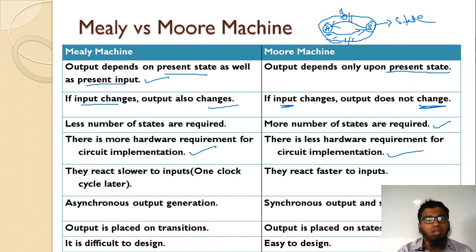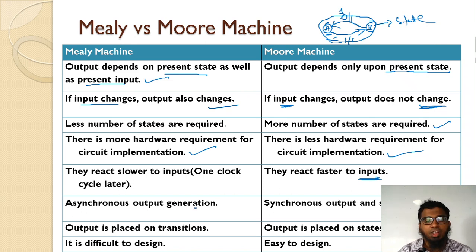Next, Mealy machines react slower to input, one clock cycle later, but Moore machines react fast to input, because the output is not dependent on the input. Because Mealy depends on the input, it is a little bit slow.